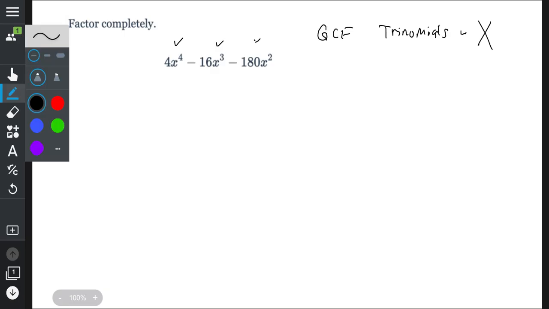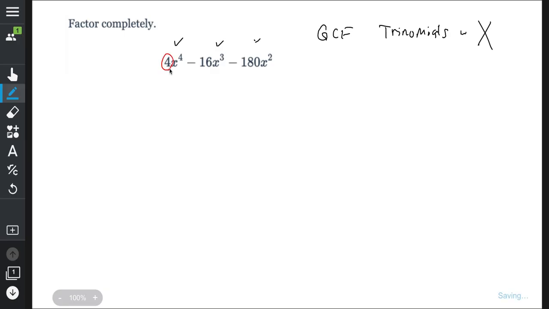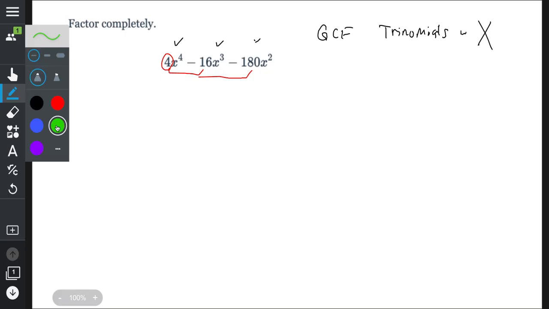4 is your GCF for the number part, because 4 is a factor of 16, and 180 divided by 4, let me do that on my calculator, is 45. Okay, but look at the variables.